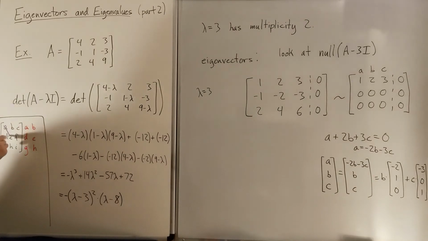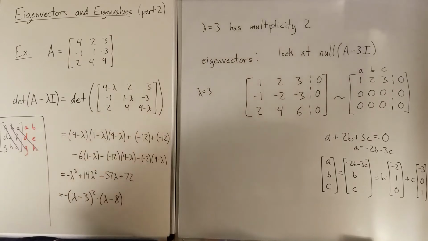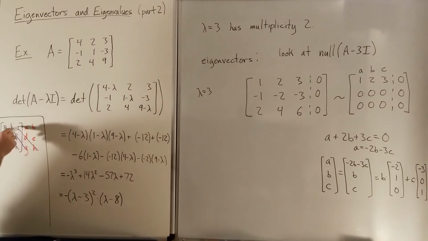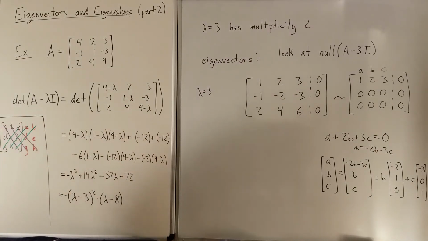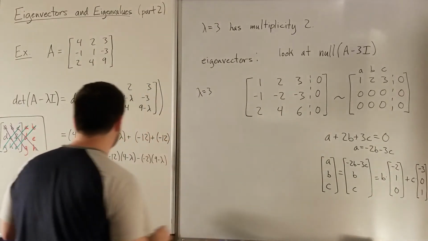You do A times E times I plus B times F times G plus C times D times H. And you take that sum of 3 products, and you subtract off CEG, and then you subtract off AFH, and then you subtract off BDI. So it's the sum of the purple things minus the sum of the green things. So all the green things have a negative sign, all the purple things have a positive sign.